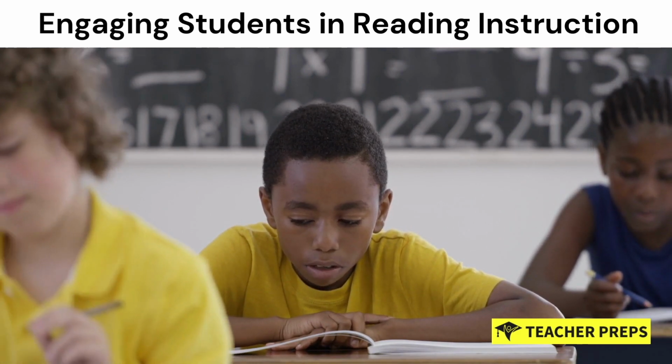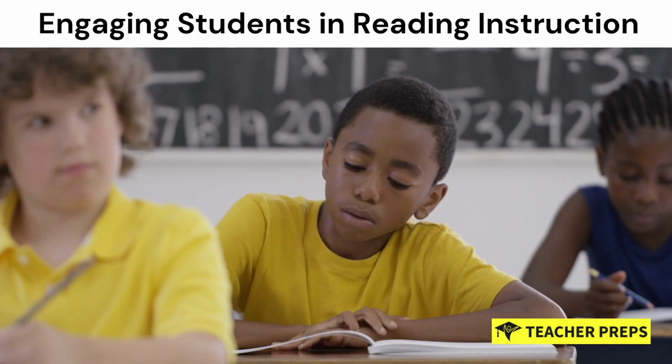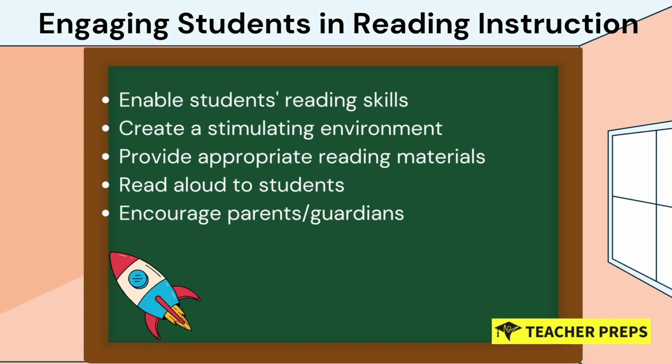For your exam, keep the following ways in mind to engage students in reading. Enable students' reading skills, create a stimulating environment, provide appropriate reading materials, read aloud to students, engage parents and guardians to read aloud to their children, and provide books at home.